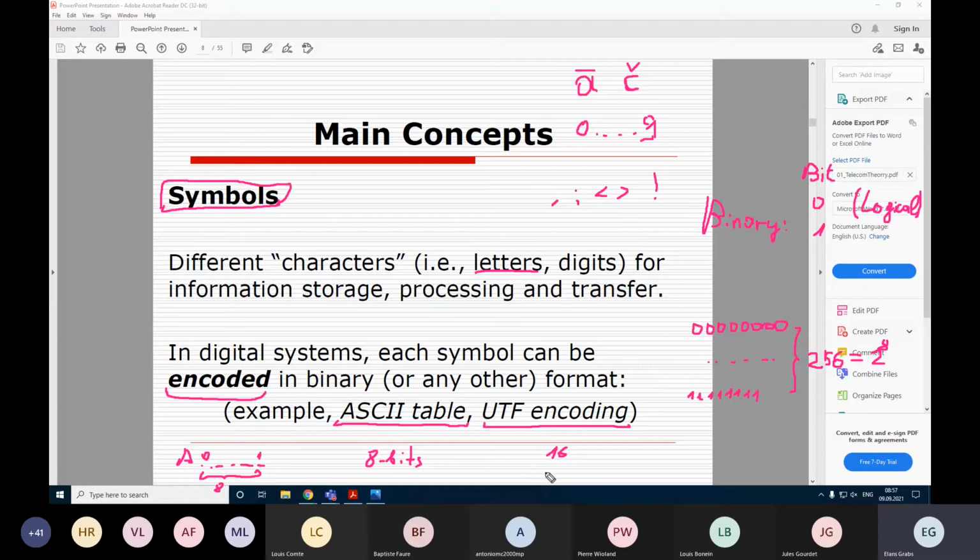So for UTF, we have a total volume of 2 to the power of 16, which is the square of 256, and somewhere around 16,000. Yes, more actually than that. And this is quite enough to put all the information about basically almost all languages. Now, I don't know about maybe some Chinese characters.